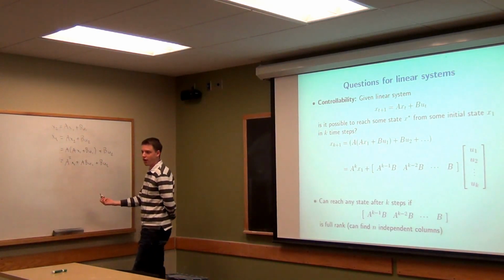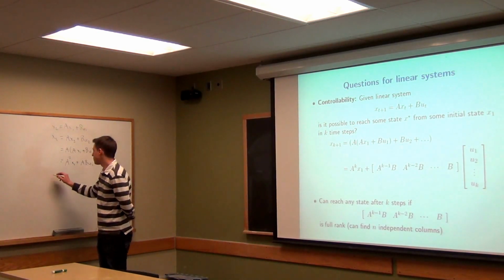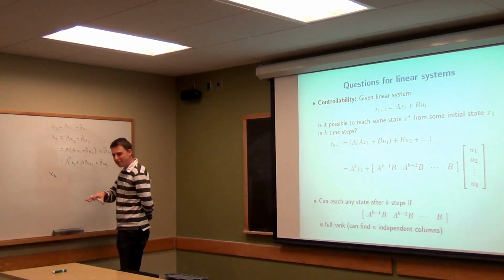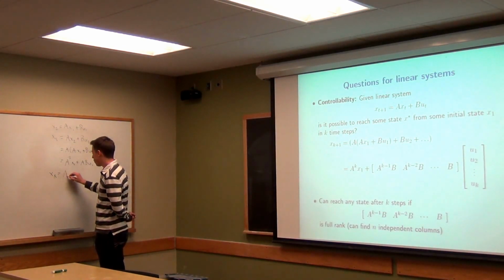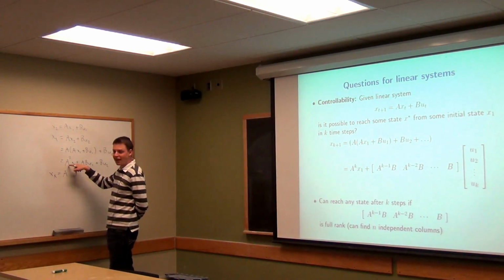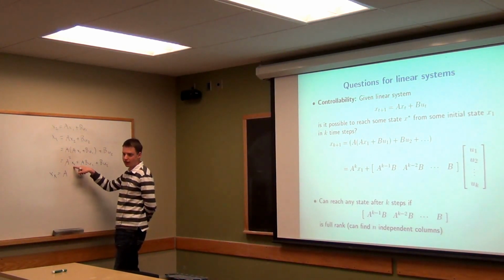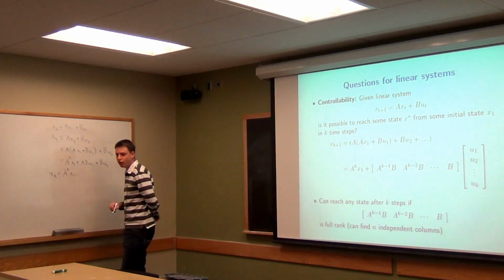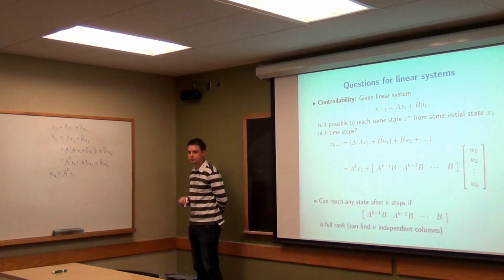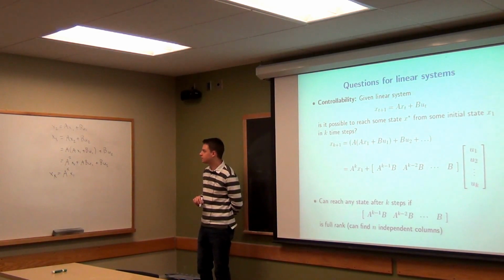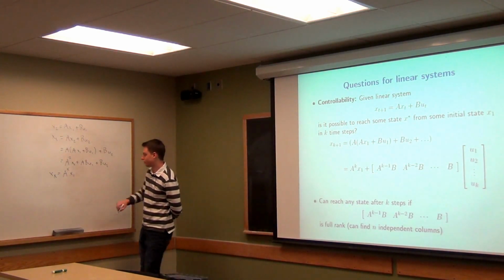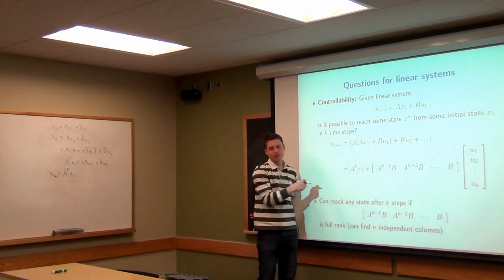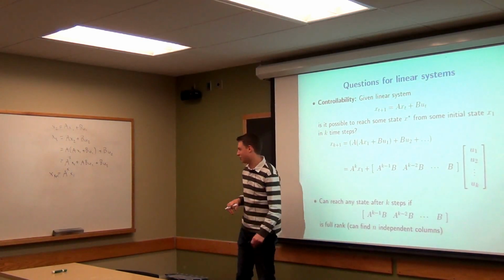And hopefully it's fairly obvious that the general expression is going to be x at time k plus 1, since it's after k steps, so you have to take k steps. I was writing x k plus 1 here, just left it out.